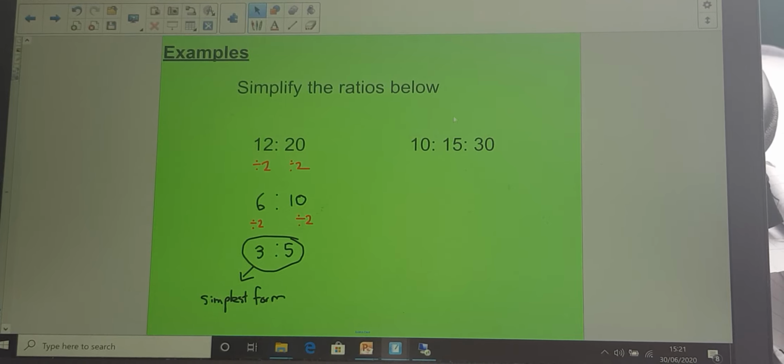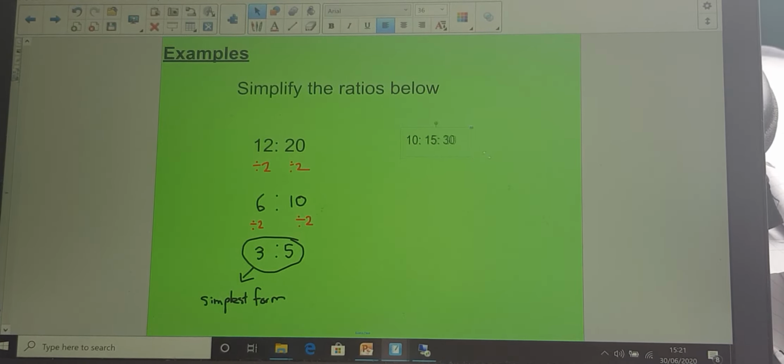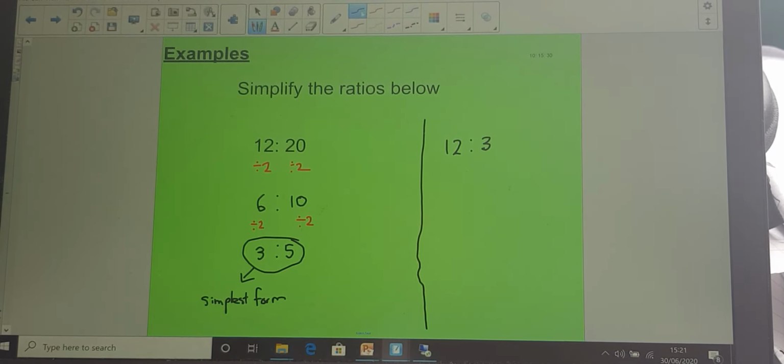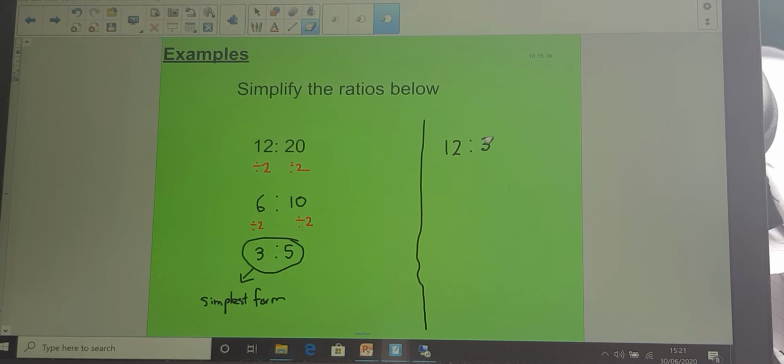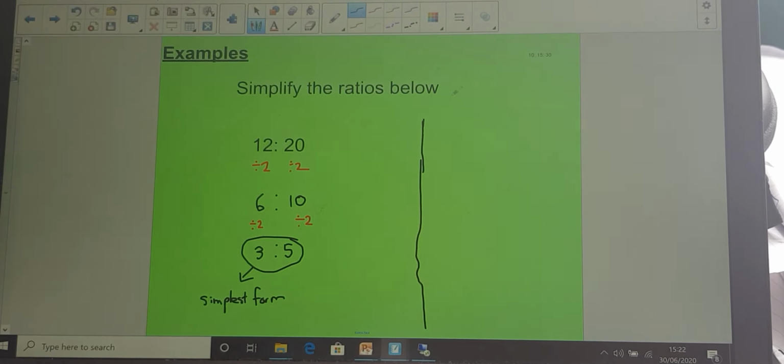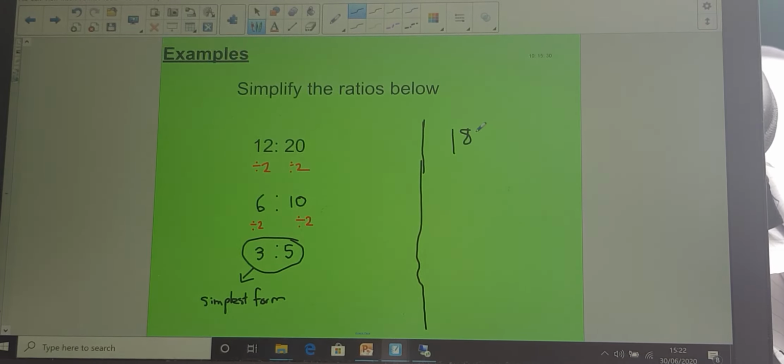Now, let's just do one more, because I don't think my examples have been very good. Say instead you had 18 to 27.